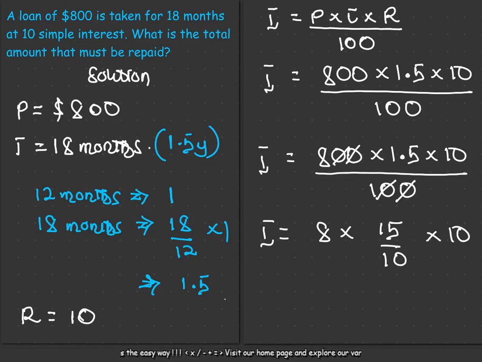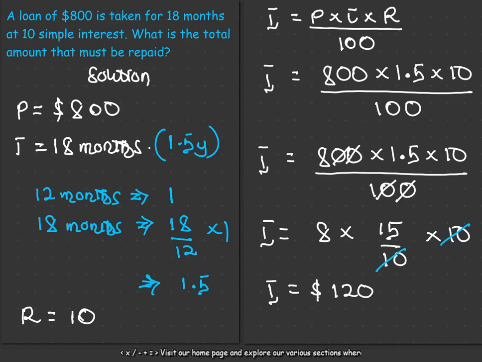That is if you are not using a calculator. But if you are using a calculator, you can just punch it out and go. So this 10 here cancels out this 10. Then what we are now left with is 8 times 15. And 8 times 15 gives us 120. So our interest to be paid after the period is $120.